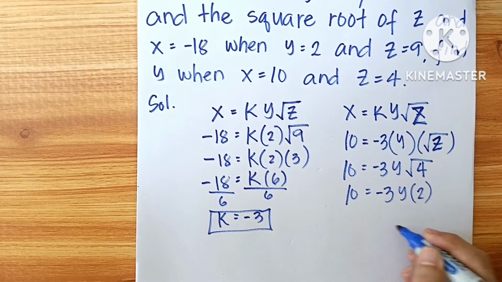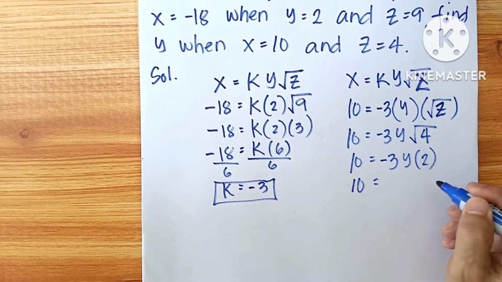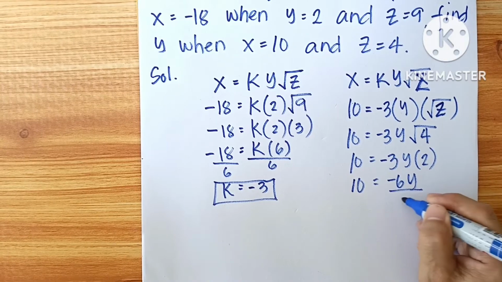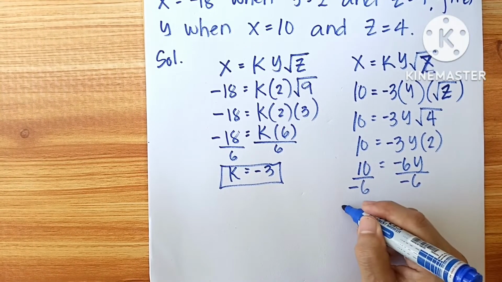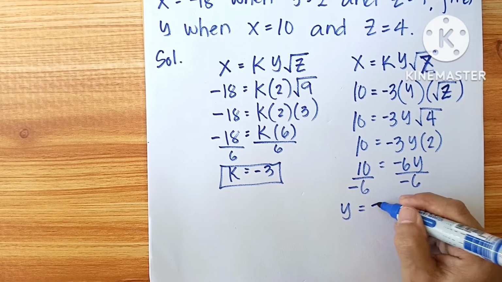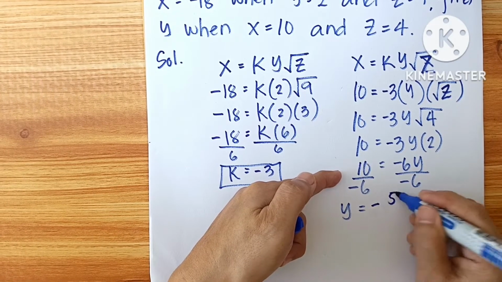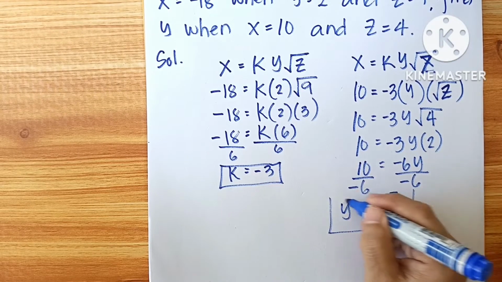Okay, now this is equal to 10 is equal to negative 6y. Okay, and then we divide both sides by negative 6. Therefore, y is negative, reduce to lowest term, divide both by 2, 5 over 3. Okay, so that's it for y.